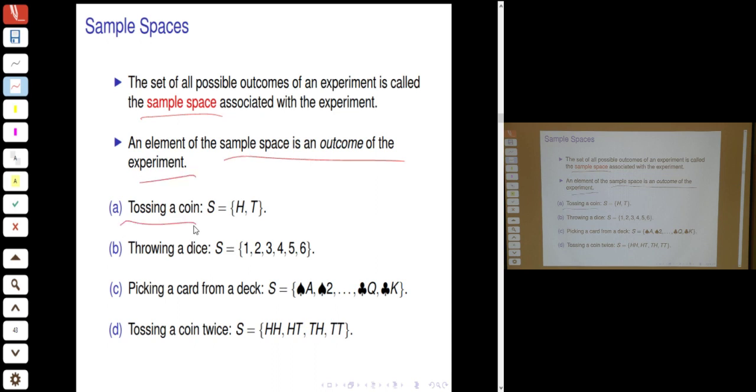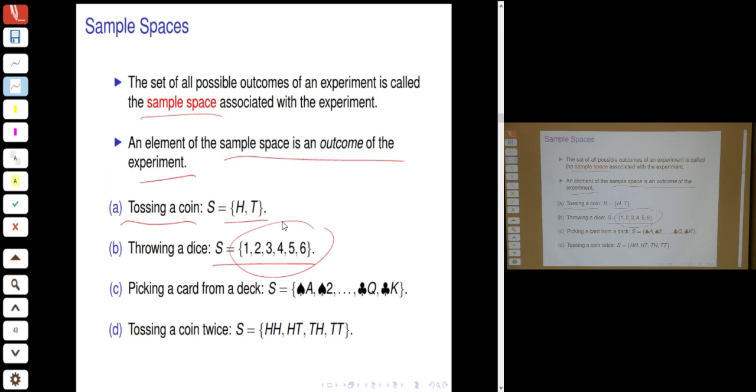For example, if you toss a coin, the sample space is {H, T}, where H is head and T is tail. Throwing a die, S equals {1, 2, 3, 4, 5, 6}. The outcome can be any integer between 1 and 6.